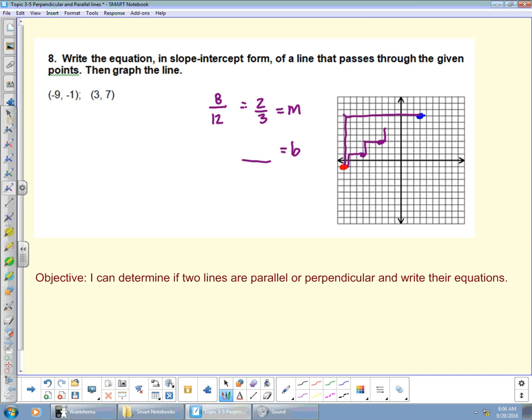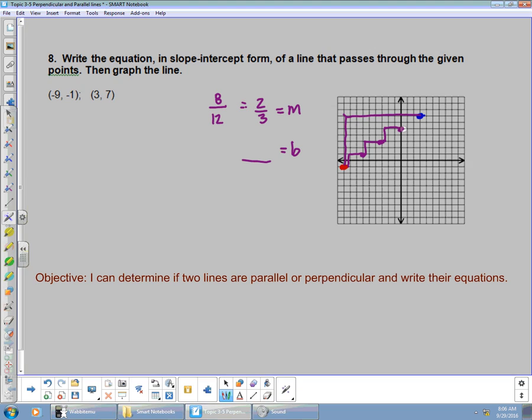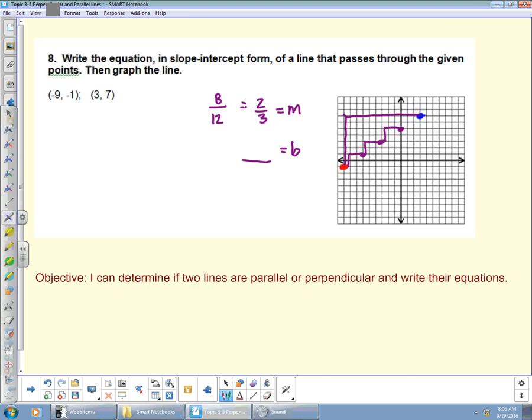Up 2, right 3, put a point. That point that I just did, this one, that's my y-intercept. And so my y-intercept is 5. All y-intercept means where does it cross the y-axis? And so the equation of this line is y equals 2/3 x plus 5.